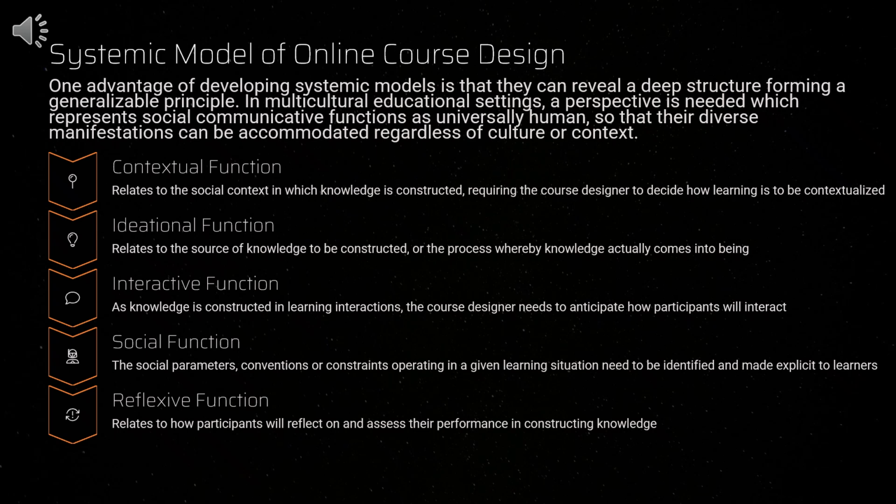The systemic model identifies 5 essential functions which need to be performed in order for learning to take place effectively. By effectively, we mean to achieve the desired outcomes. The functions are considered to be a generalizable principle.